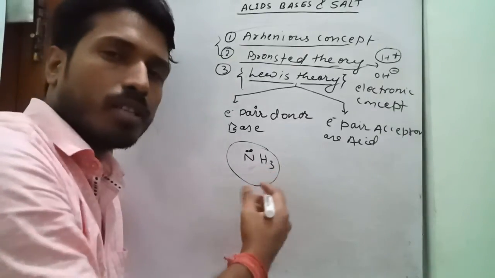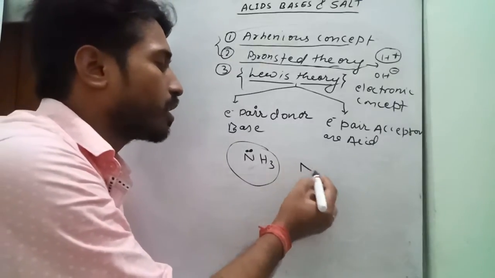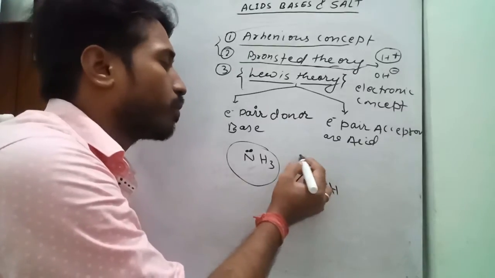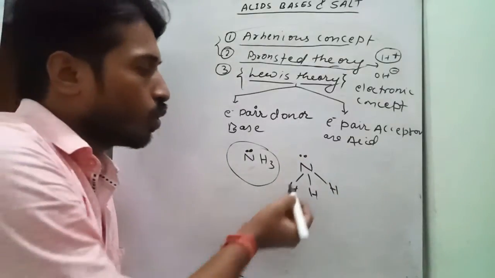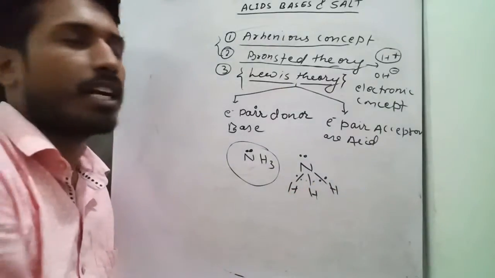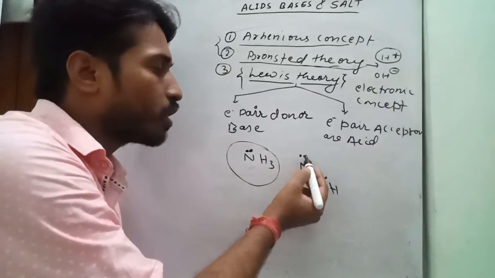For some simple molecules we have to remember the structure. Ammonia is NH3, with one electron pair. So we can see here it has a complete octet, that means 8 electrons are already completed. So it can donate one of its electron pair.